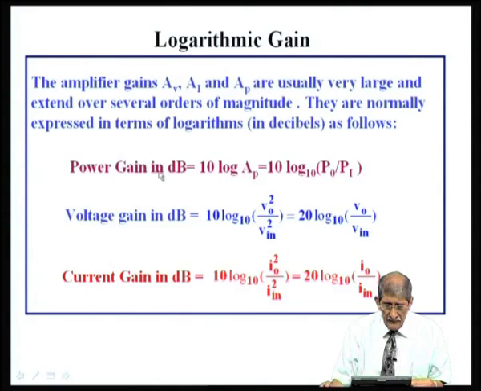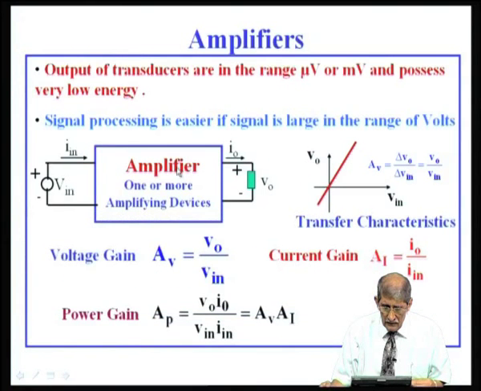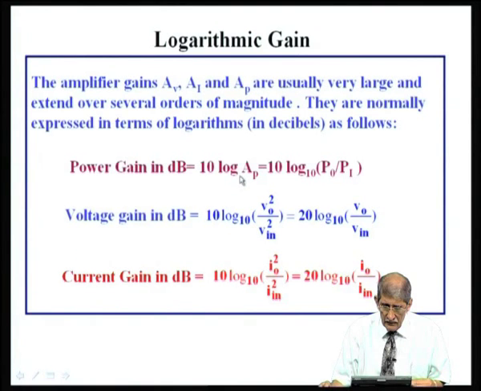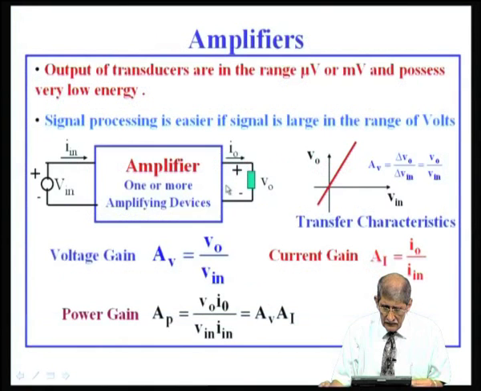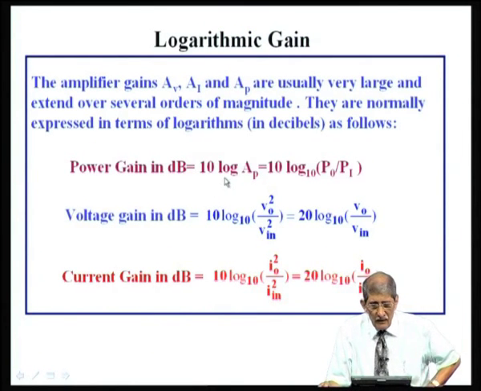You saw the power gain A_P is output power P naught divided by input power P in. Now, I can express it as 10 log to the base 10 of P naught by P in, output power by input power. That is the way of defining decibels.